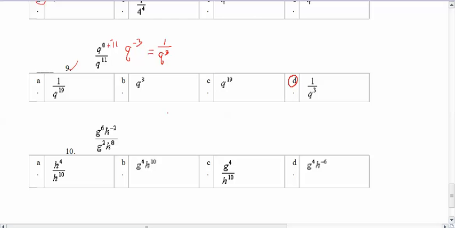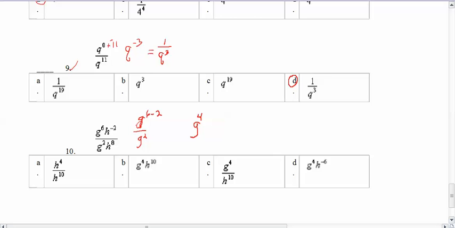Okay, last one. I am going to look at my G first. I have G to the 6th over G to the 2nd. This is a division, so I'm going to keep my G, and I've got 6 minus 2 is 4.